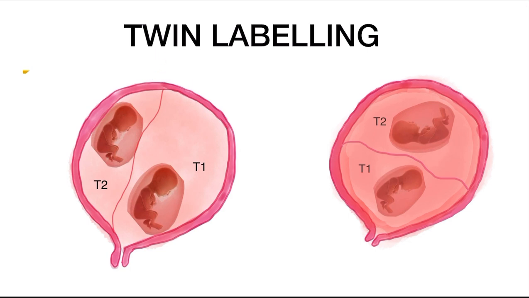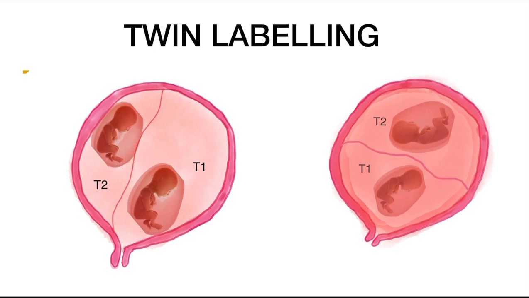Fetus right will always be right, and fetus left always left. Mind you, this is maternal right and maternal left, maternal top and maternal bottom. So it is the most reliable method. It has two benefits: there will be consistency throughout the pregnancy and hence it will be reproducible. Second, it remains constant because the intertwin membrane is a fixed structure. This fetus cannot go this side and this fetus cannot go this side.